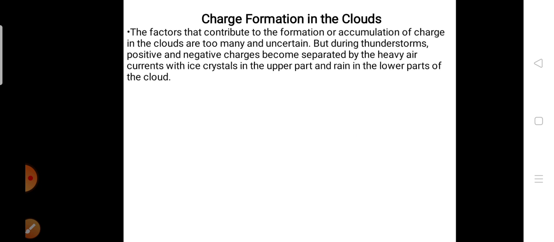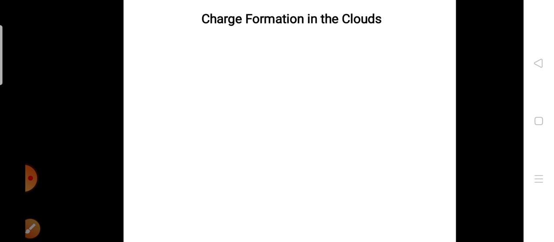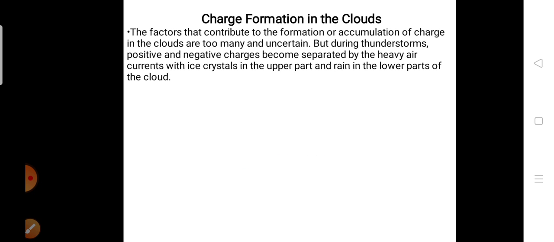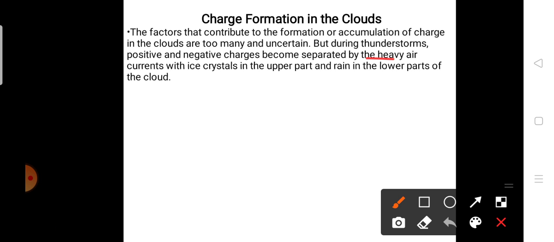The factors that contribute to the formation or accumulation of charge in the clouds are too many and uncertain, right? But during thunderstorms, positive and negative charges become separated by heavy air currents with ice crystals in the upper part and rain in the lower parts of the cloud.